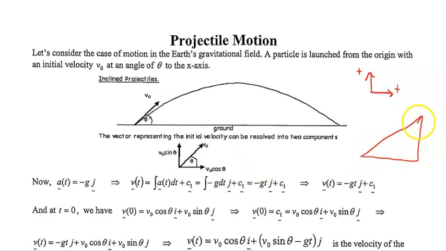There's your vector v0, here's some angle theta. Then this side here is opposite, and sine theta is opposite on v0, and so the magnitude of this side will be v0 sine theta.